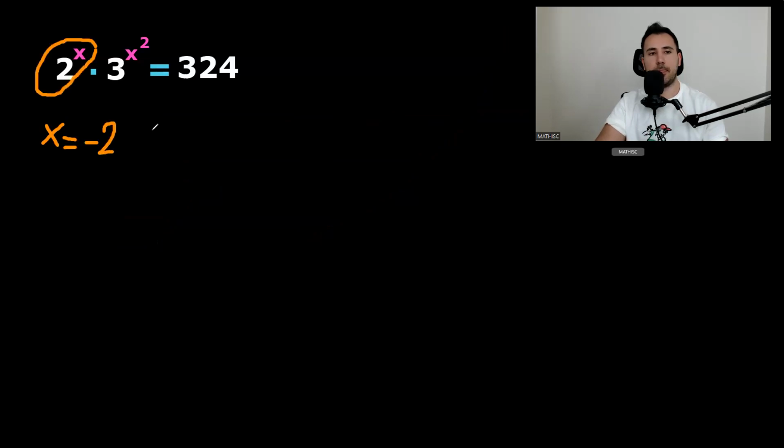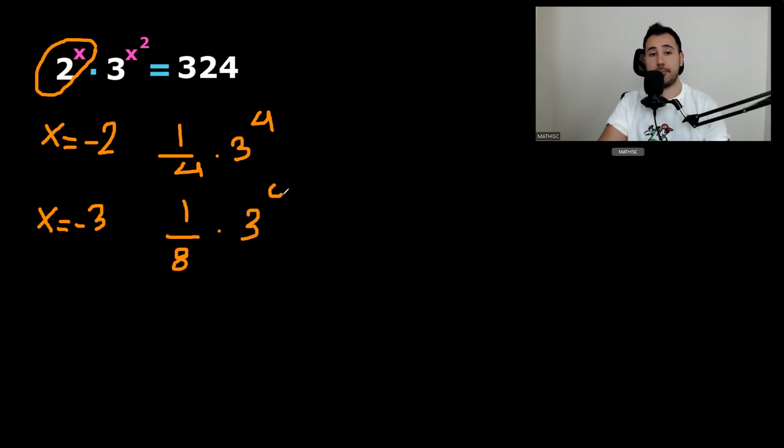This would be 1/4. This would be 3 to power of 4. So it would be like 20 something. And if x is -3, does it get larger or smaller? It would be 1/8 multiplied by 3 to power of 9.